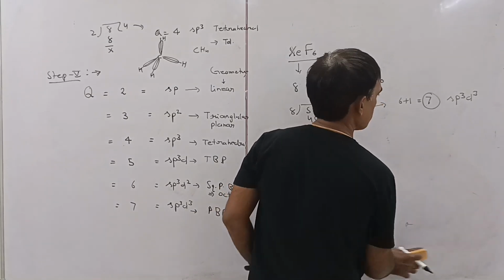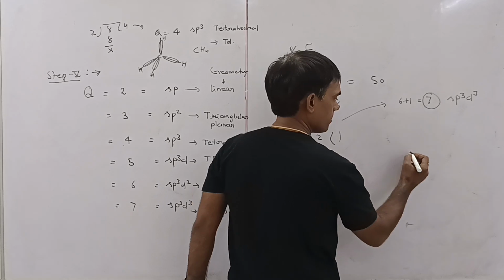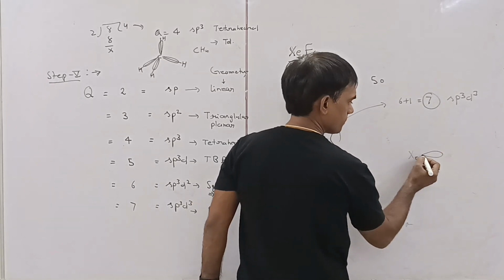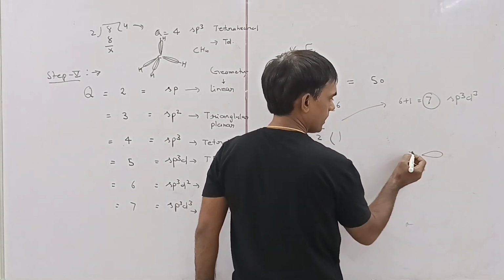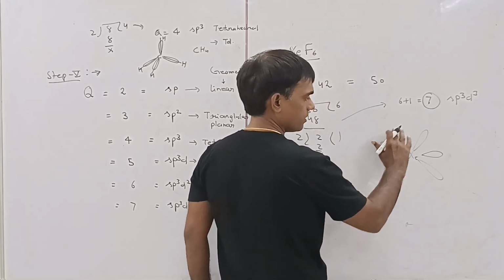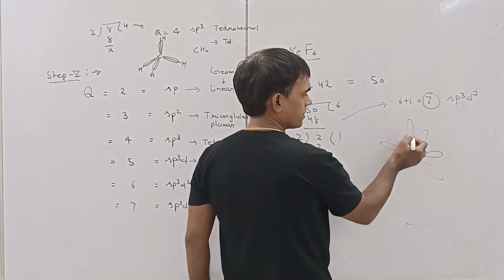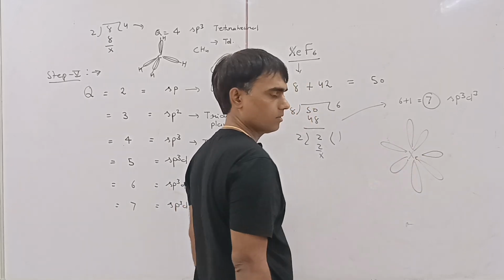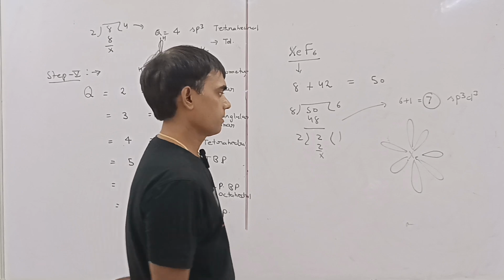For this you will make the hybrid orbital diagram. Xe has 7 hybrid orbitals: 1, 2, 3, 4, 5, they are in one plane, then 6th and 7th. Total 7.